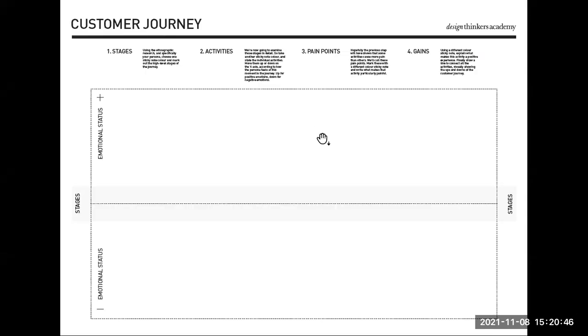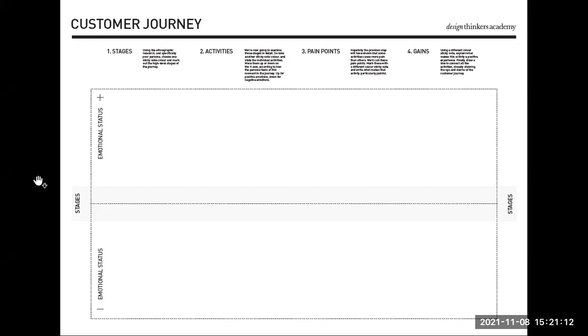So where do you start from? The first step is to understand what the journey map is. At the top, you can see it's written customer journey, but it is essentially an analysis of the day in the life of your persona.